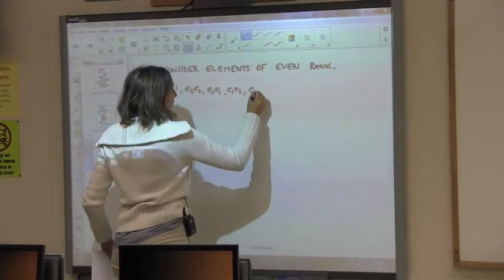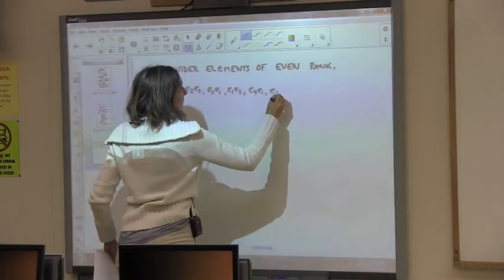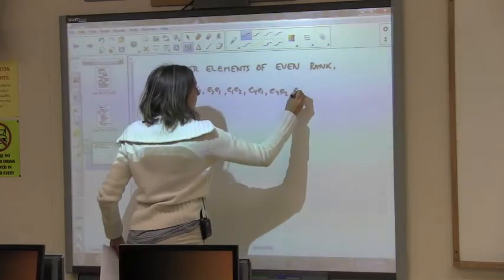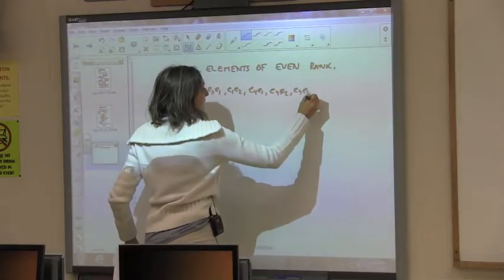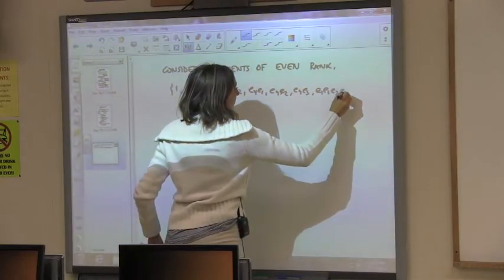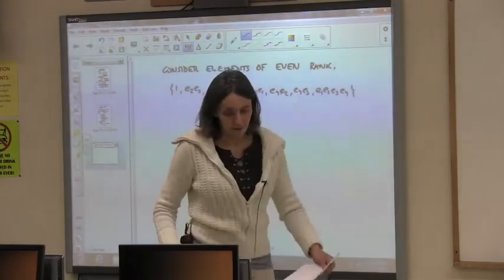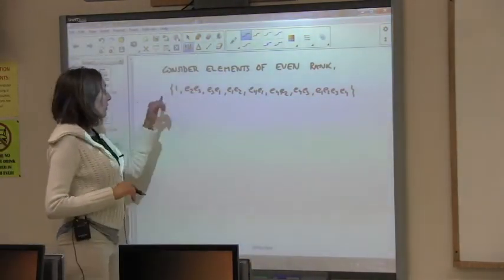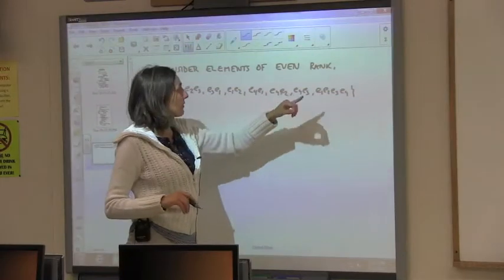So E4, E1, E4, E2, E4, E3, E1, E2, E3, E4. Okay, now we have all the elements, and this is the order in which we are going to use them. 1, 2, 3, 4, 5, 6, 7, 8.